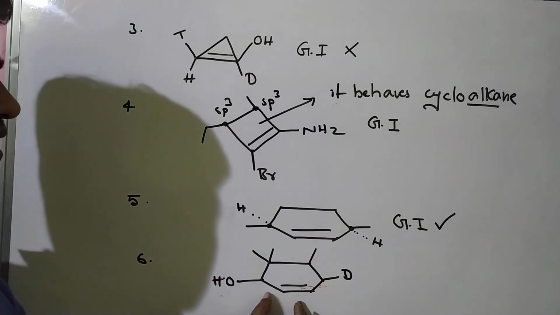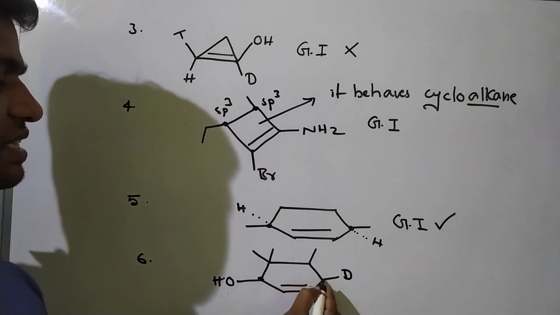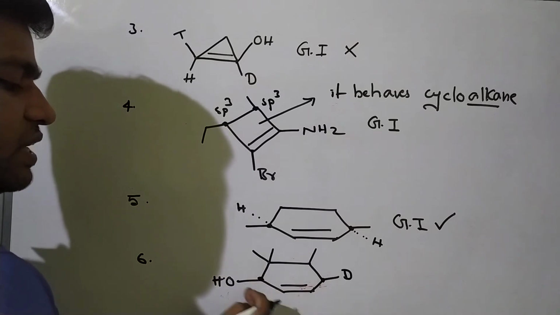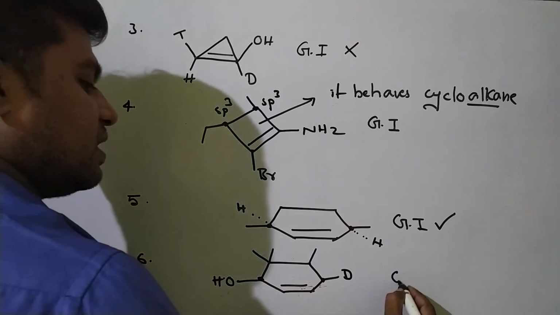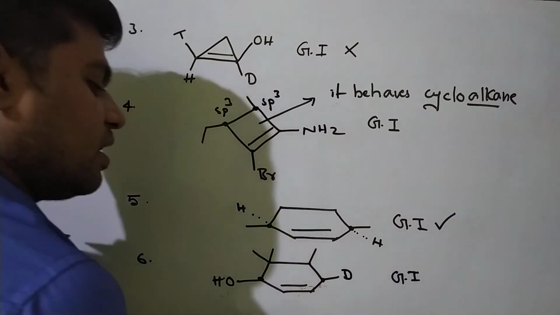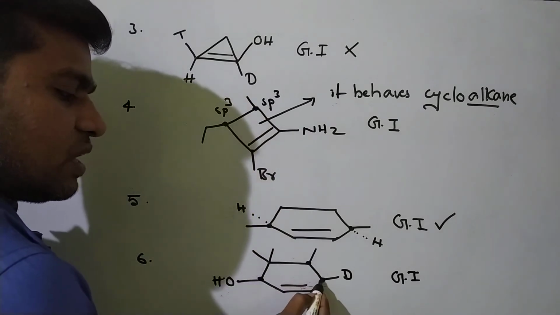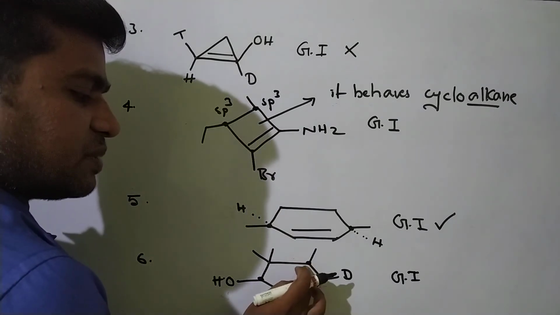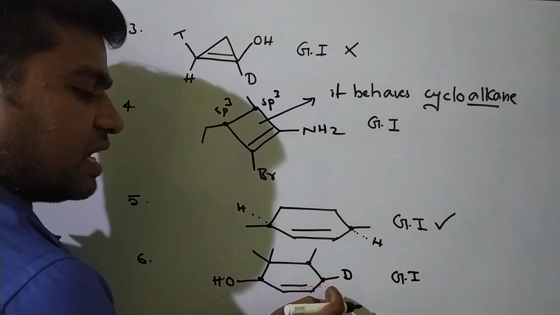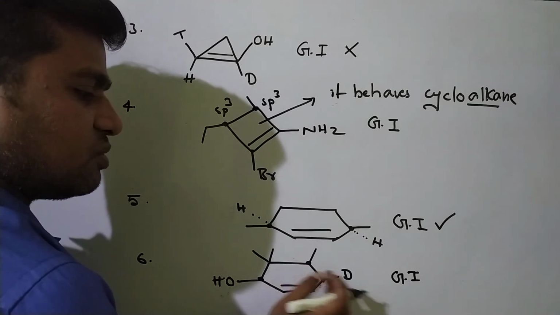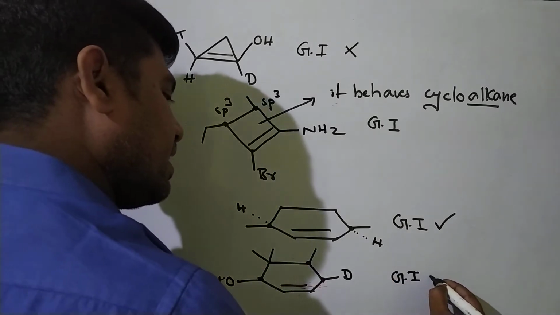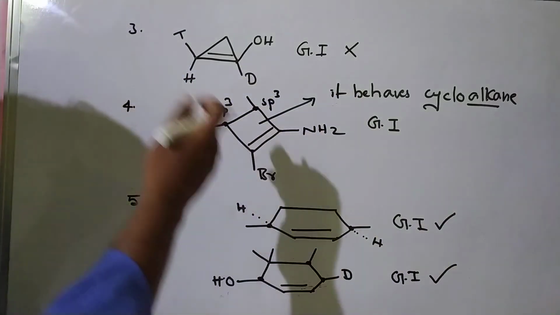This is very, very important. Here this is sp3, this is sp3, with different groupings, so definitely it will show geometrical isomerism. If we consider these two sp3 carbons, cycloalkane behavior will be observed in this case. So geometrical isomerism is exhibited. Okay, please note.